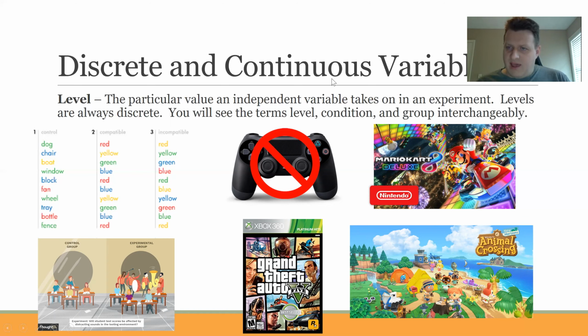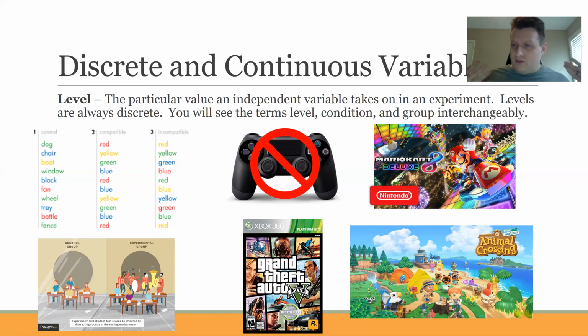We get them to play a very passive game, maybe something like Animal Crossing. Not a ton of violence in Animal Crossing. We get them to play a video game with some cartoon violence, maybe Mario Kart. And then more realistic violence with Grand Theft Auto. All right, and then we measure their aggression. This is an independent variable that has 4 levels. Okay, control, Animal Crossing, Mario Kart, Grand Theft Auto.